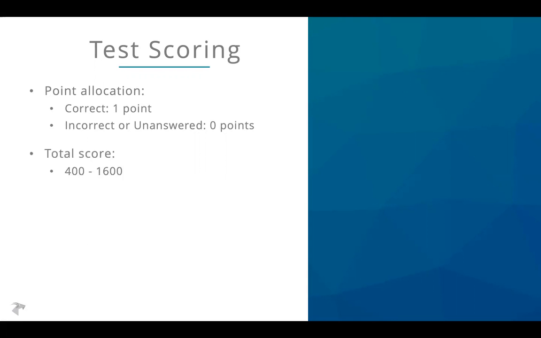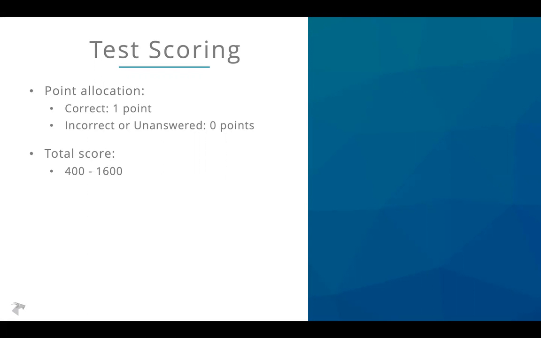So the test is scored with initial point allocation of 1 point for each correct answer, and then for any incorrect answers or unanswered questions, you get 0 points. And then what you see in the end is a total scaled score, and that is always on a range from 400 to 1600.